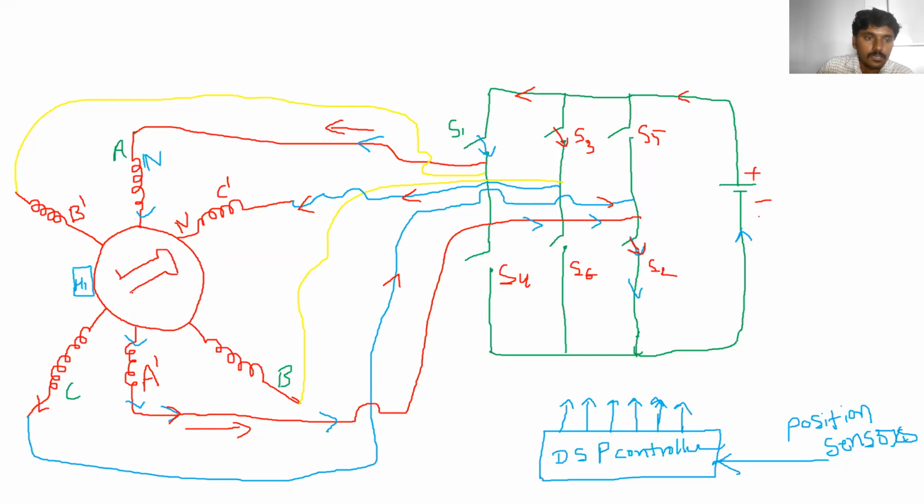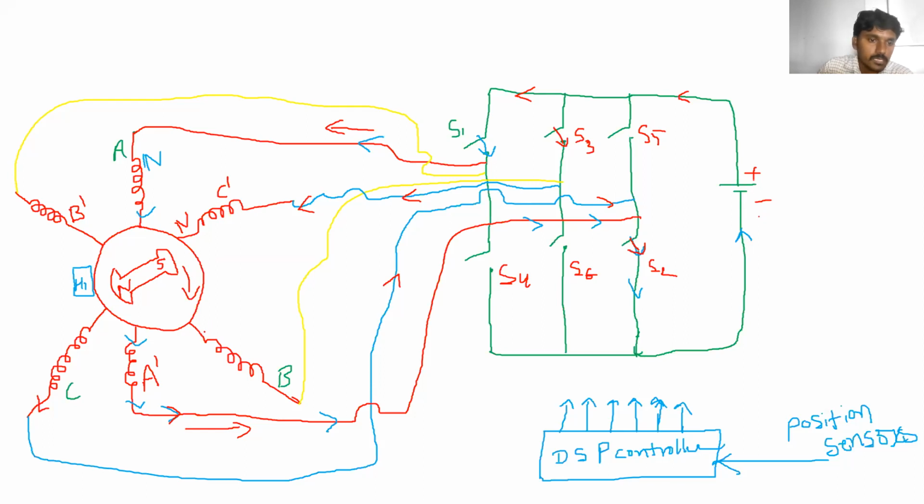Clear? This is the south pole and this is the north pole. So in order to rotate this rotor in this direction, which coil should be excited? This coil should be de-energized, and now this coil should be energized. Which coil? The B coil.